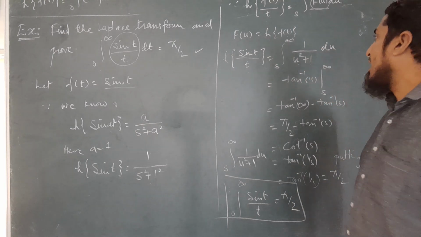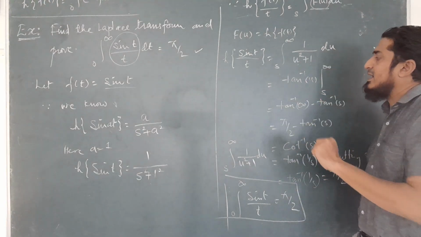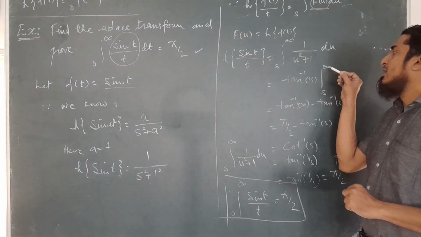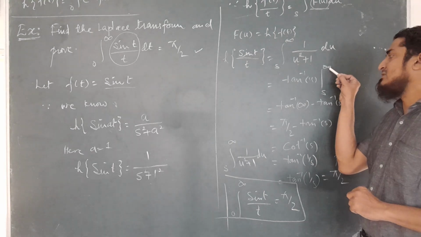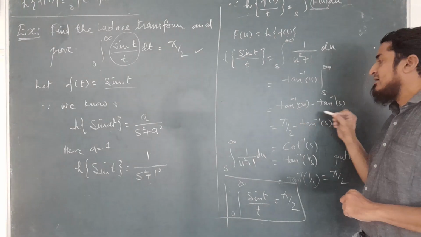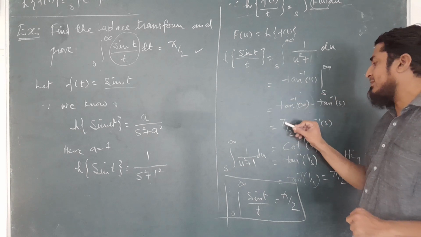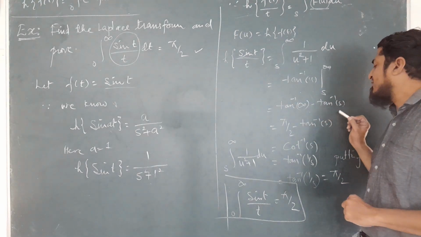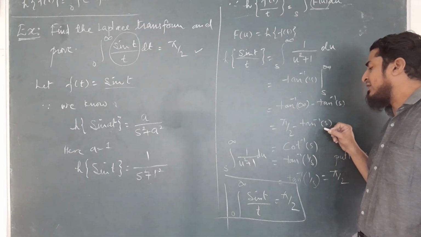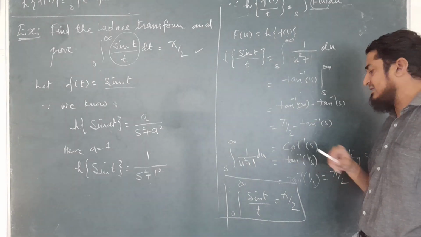And after integrating this, we will get tan inverse of u, and limits are from s to infinity. By putting this limit, tan inverse of infinity minus tan inverse of s, tan inverse of infinity is equals to pi by 2 minus tan inverse of s, and pi by 2 minus tan inverse of s becomes cot inverse of s.